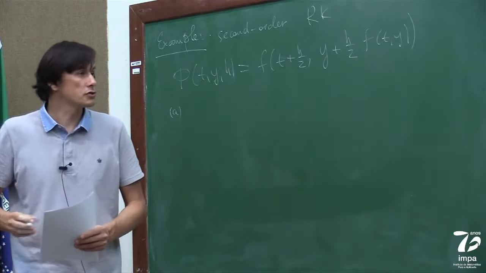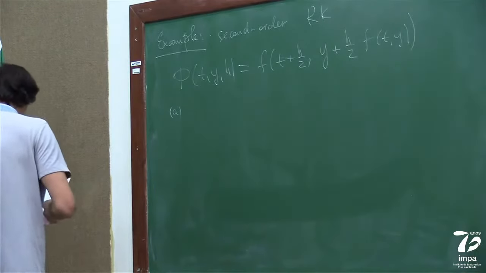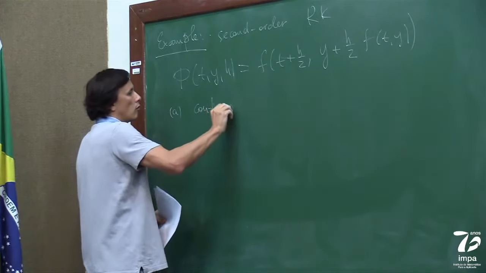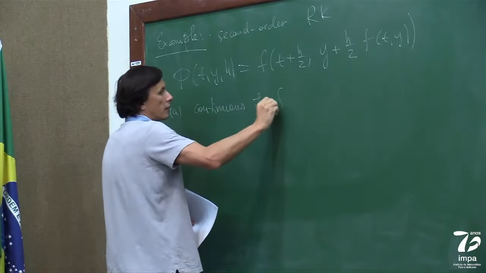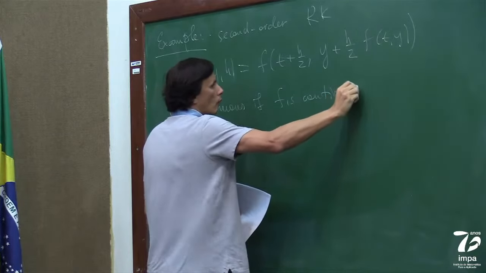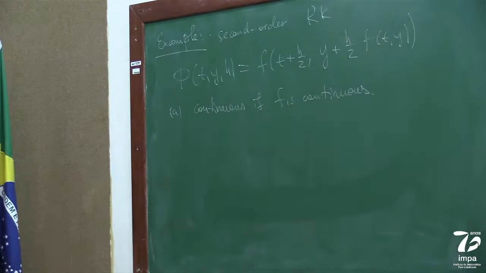So first of all, condition A of this theorem: phi is continuous if f is continuous. Right? So if f is continuous, automatically this is a composition, so it's continuous.